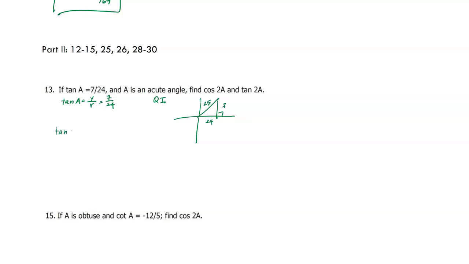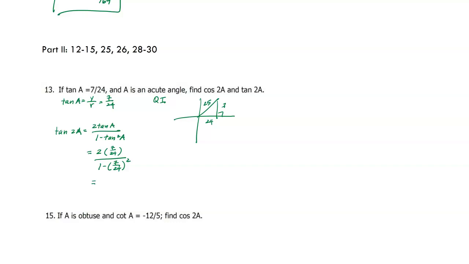So tangent of 2A equals 2 tangent of A over 1 minus tangent squared A. It already gives you the tangent, so you can use it directly. 2 times 7 over 24 over 1 minus 7 over 24 squared.